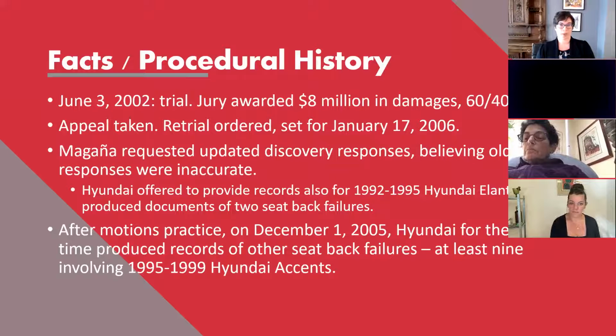And just shortly before trial, the month or two before trial, Hyundai finally, for the first time, when forced to do so by the court, turned over more records showing other similar incidents that had not been turned over before, and showing other seat records from other similar models that had not been turned over before.